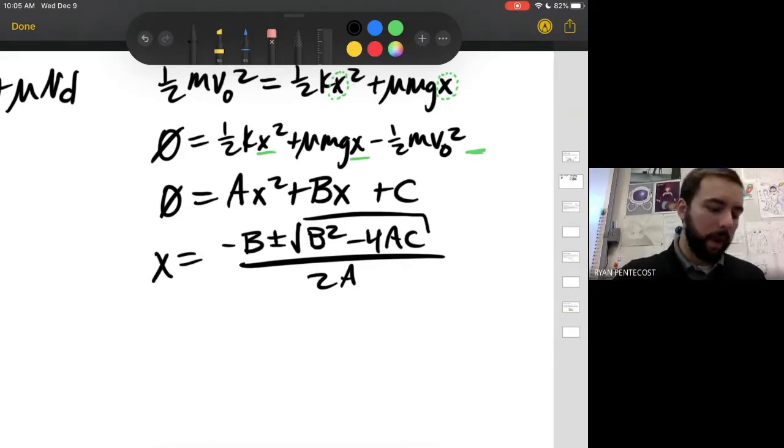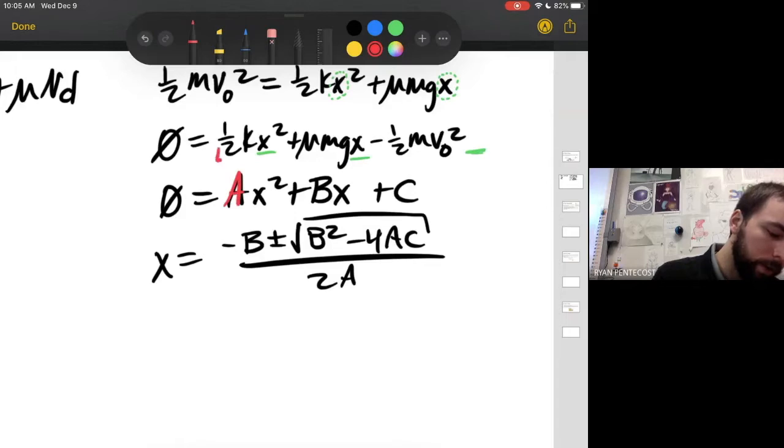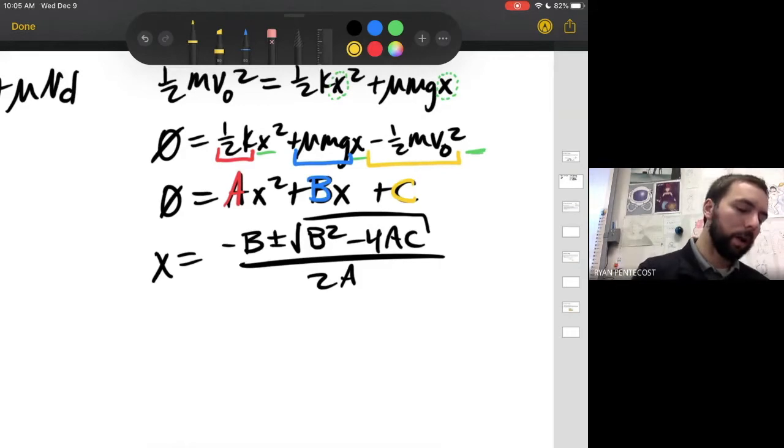Now, we have an A, a B, and a C. Our A is right here, 1/2 k. Our B is going to be mu mg, and our C is negative 1/2 mv squared. So what you could do is write this all out.